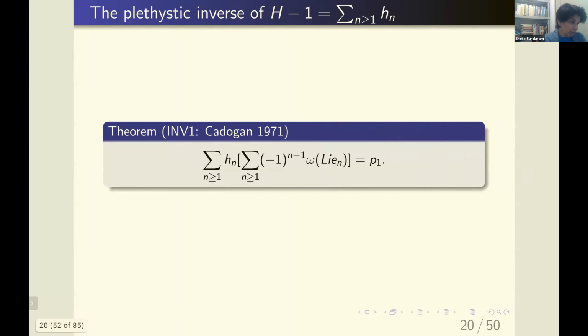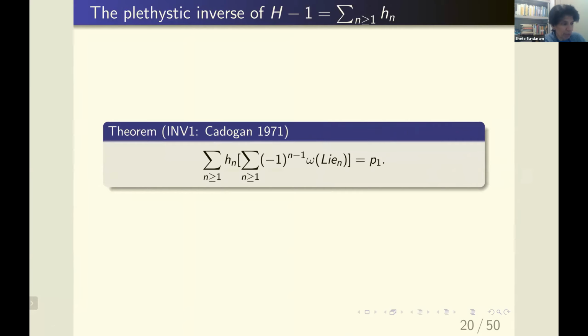All right, so probably the example of plethystic inverse par excellence is Cadogan's theorem. This is a 1971 graph theory paper that I think I've looked at, but never really gone through the details of the proof because there are much nicer ways, for me, of proving this, right, than whatever he did with graph theory and cycle indicators.